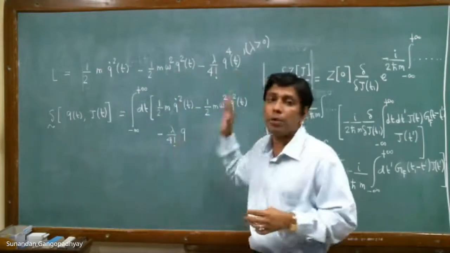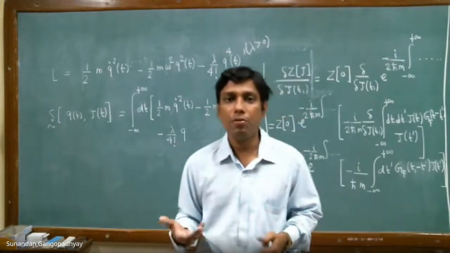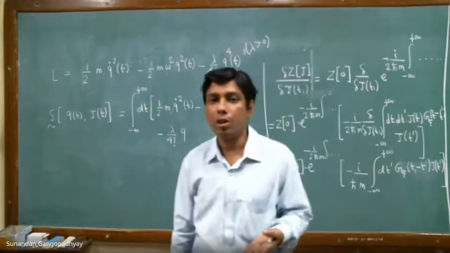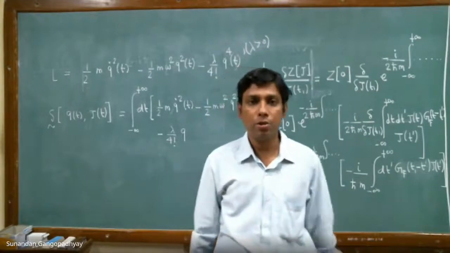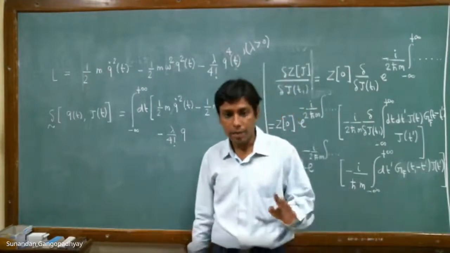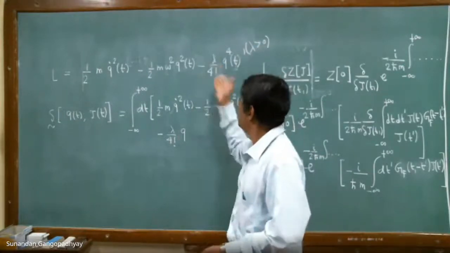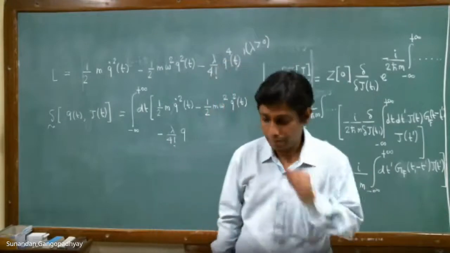And here you can put an interaction. People usually put lambda phi fourth. We call it lambda phi fourth theory. But you can have phi cube theory also. That is not a problem. People look at phi cube theories. But again, there is that particular problem which I just now discussed. So it is usual to put in a phi to the power of 4 interaction or q to the power of 4 interaction.